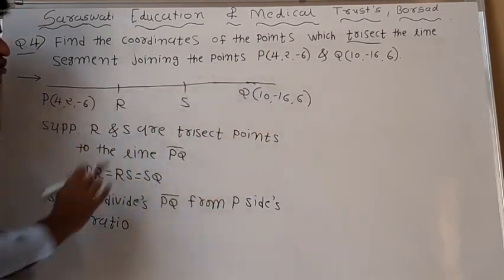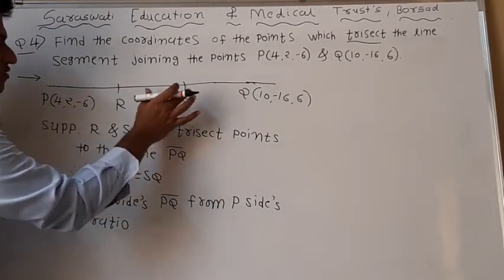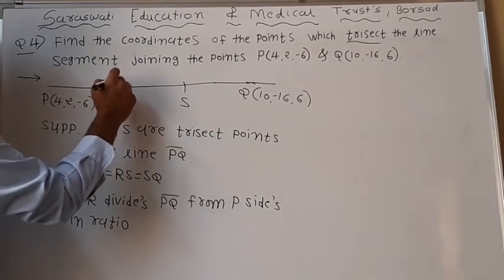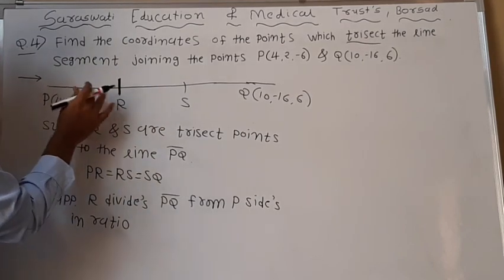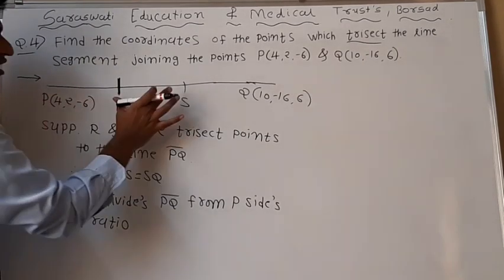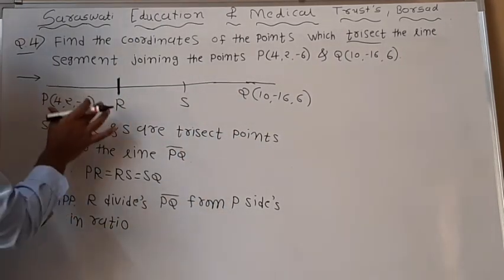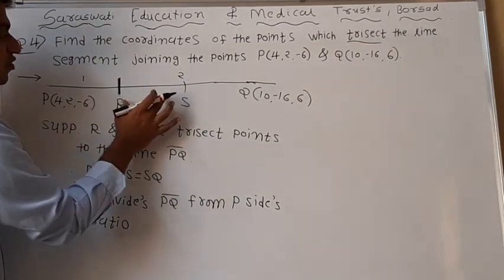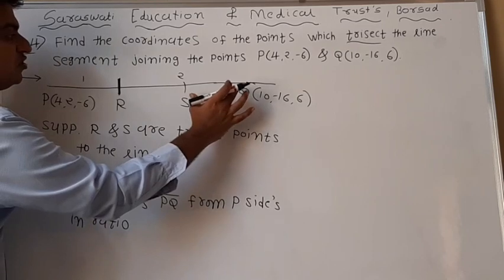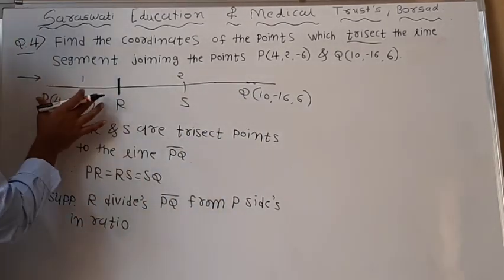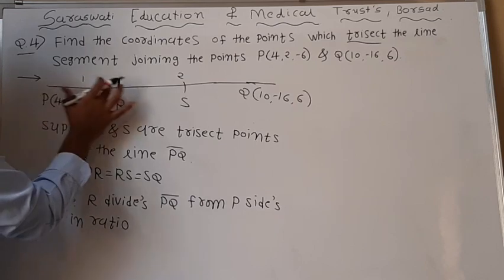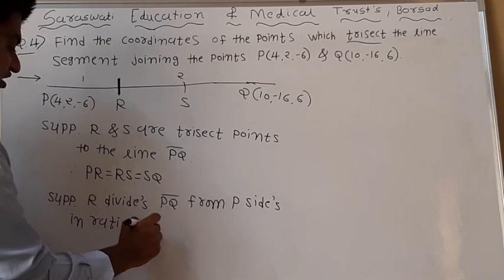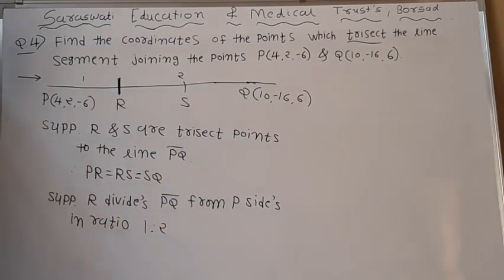Here line segment PQ is present, divided into 3 equal parts. Now this segment is divided at point R, so we get the ratio PR and RQ. The distance of PR we can consider 1 and RQ 2, because RQ means RS plus SQ. So the ratio of PR is 1 and RQ is 2. So in ratio, we write 1:2.